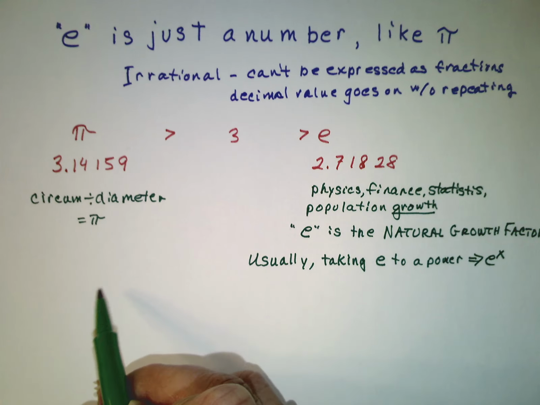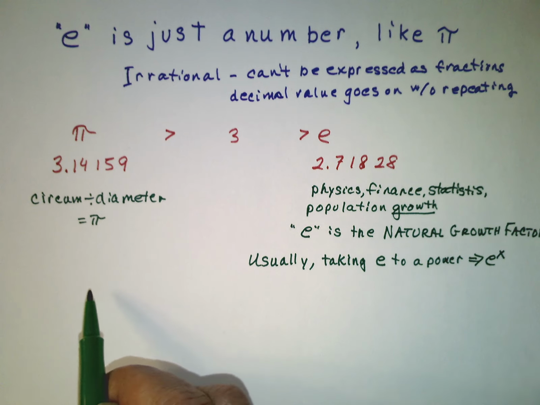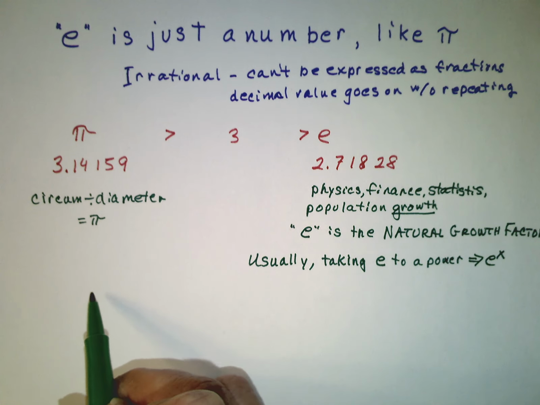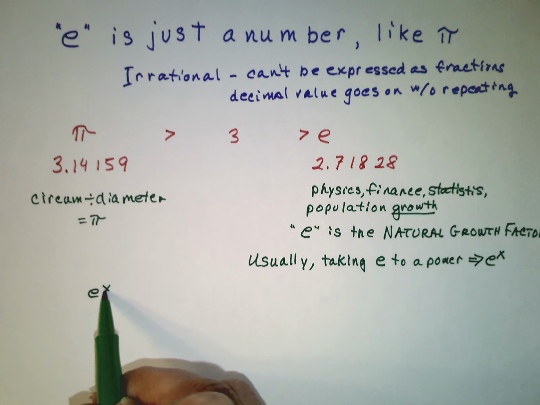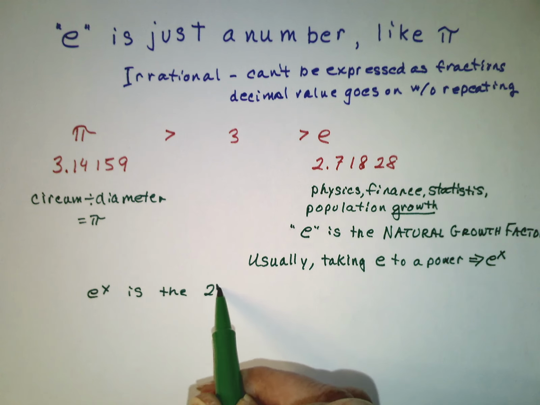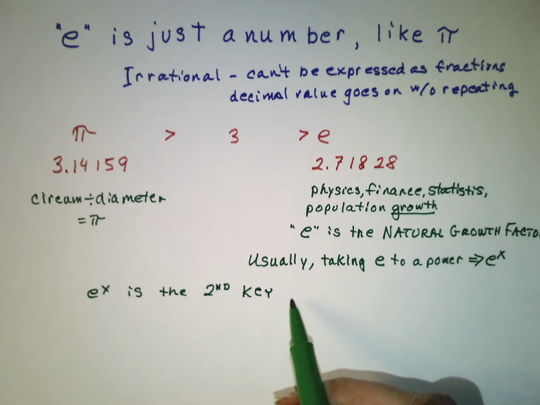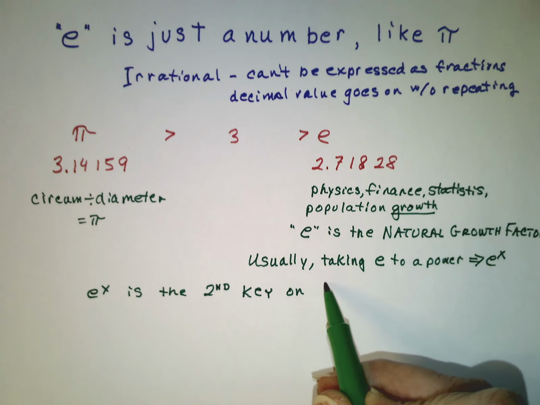Some calculators have a plain old e key. I know the TI-84s do. But for most scientific calculators, the e to the x key is the second key on the LN button.